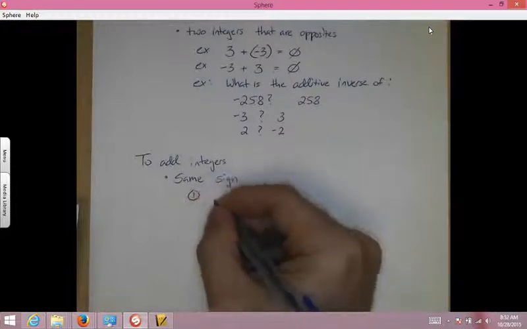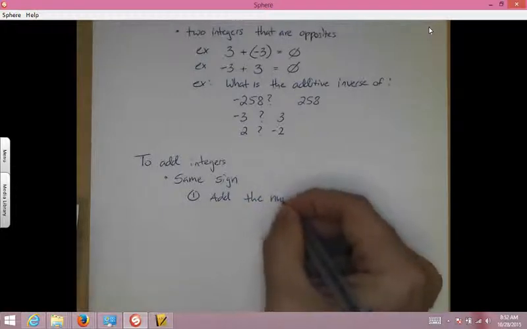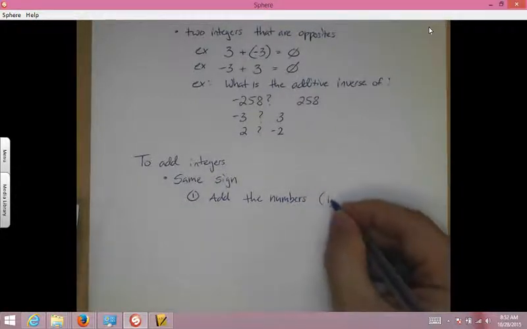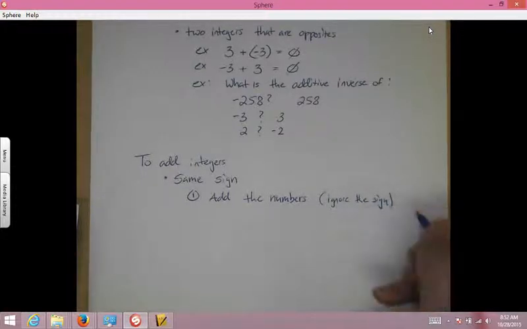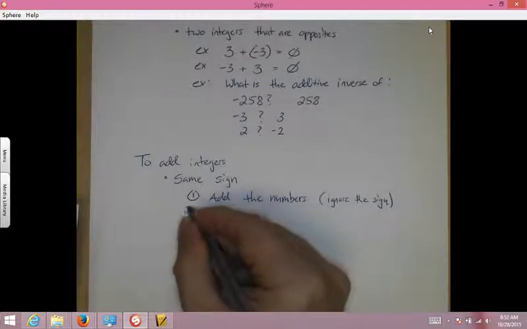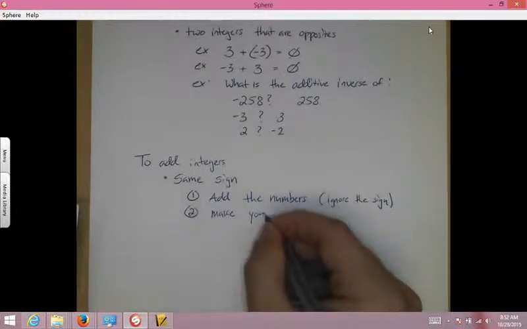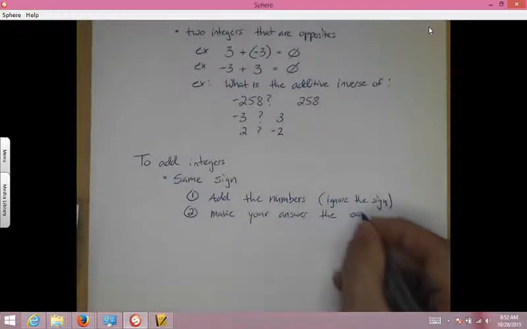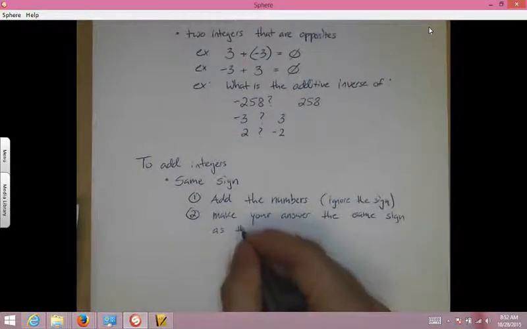Number 1, you're going to add the numbers. Just add the numbers. When you do this, you ignore the sign at first. And then, number 2, you are going to make your answer the same sign as the numbers.